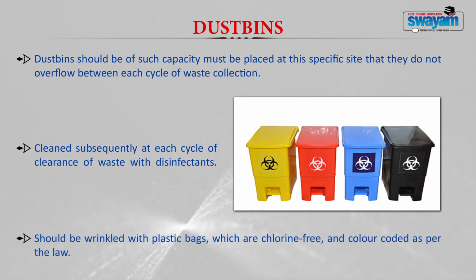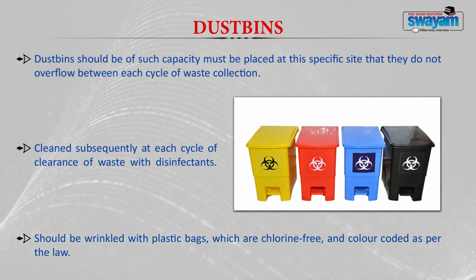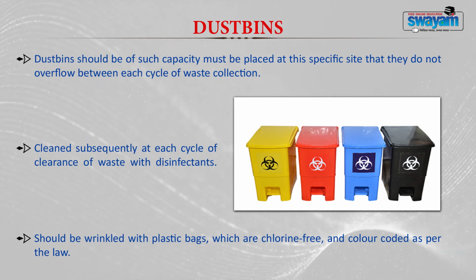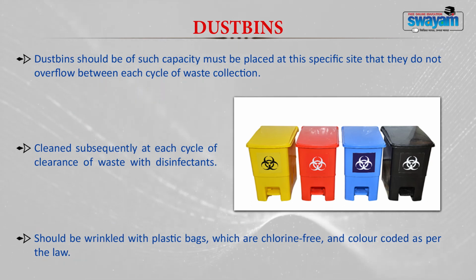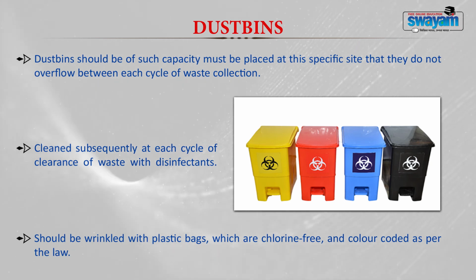They should be lined with plastic bags which are chlorine free, and again color coding is very, very important. Sometimes these dustbins are also directly carried along with the collection vehicles to the disposal area.